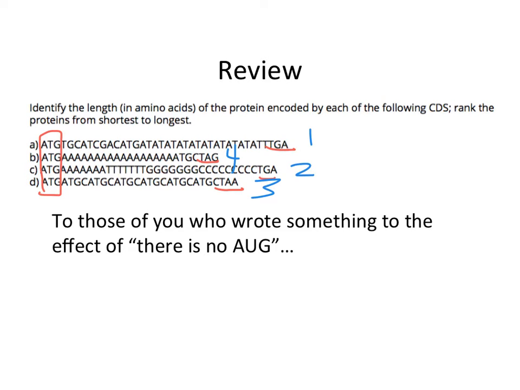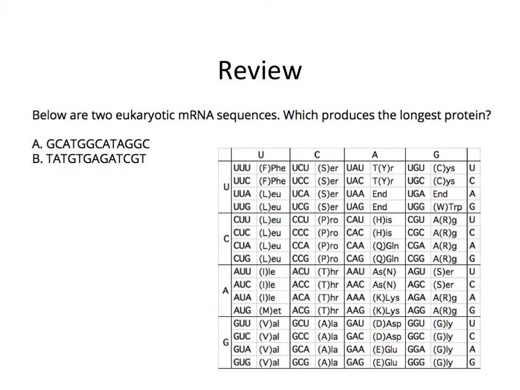So every time you see a T, you should just think U when this is transcribed into RNA. So you're right. Technically, there was no AUG, there was no start codon, but in the CDS format, the ATG is the AUG. Concerns or questions up to this point?